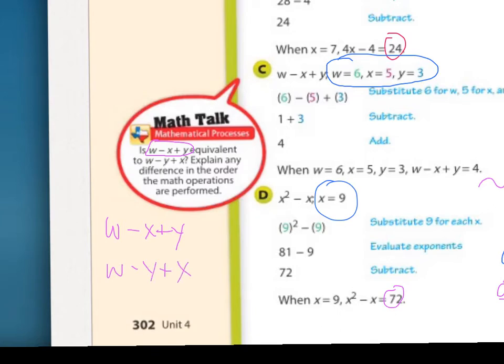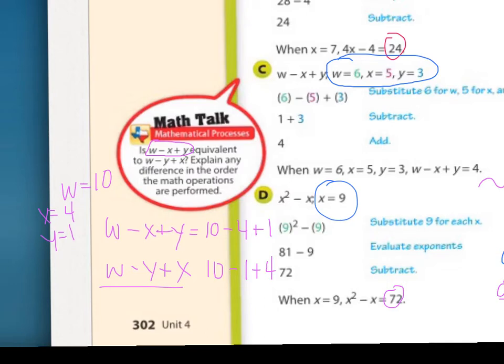I'm curious about this answer, so I'm going to go ahead and replace these with some numbers. I'm going to put a 10 for w, let's say 4 for x, and we'll say y equals 1. So that's going to be 10 minus 4 plus 1, and then this is going to be 10 minus 1 plus 4.